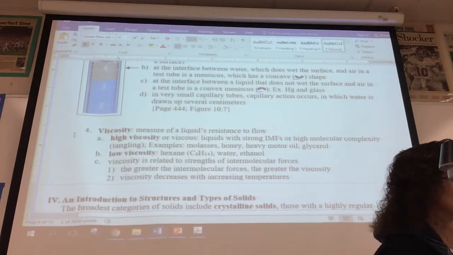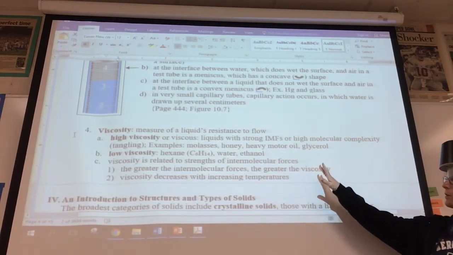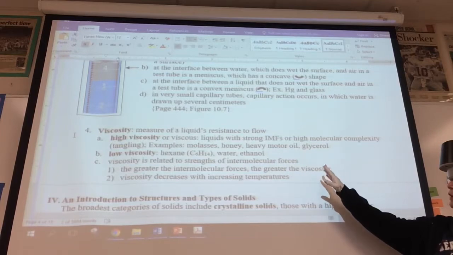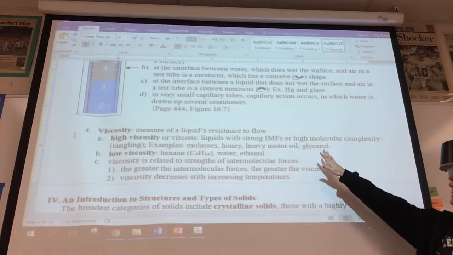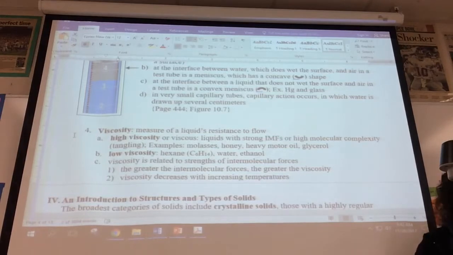The other property of a liquid that we want to mention is viscosity, and this is a measure of a liquid's resistance to flow. Substances that have high viscosity or are very viscous have very strong IMFs, or they're complex in some way. These are your really sticky things that you drizzle on your food, like honey, molasses, syrup on pancakes, things like that.